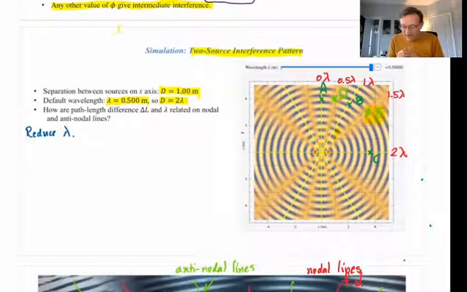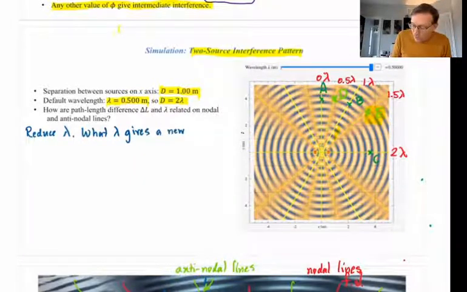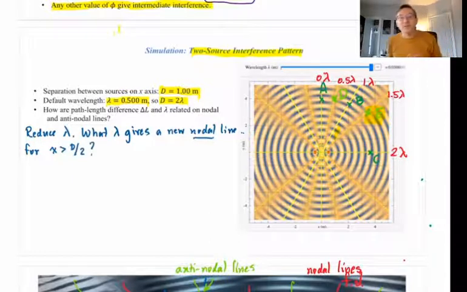So here's what I'd like to do. I'd like to reduce lambda. I'd like to know what wavelength do I need, what lambda gives a new nodal line for the x-axis to the right of the two sources.